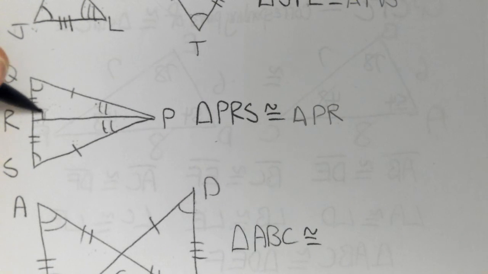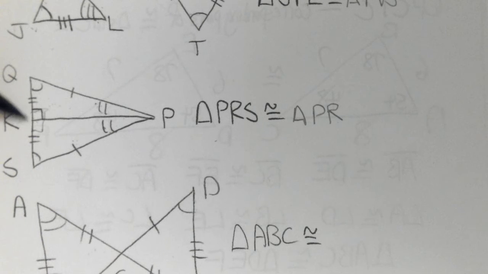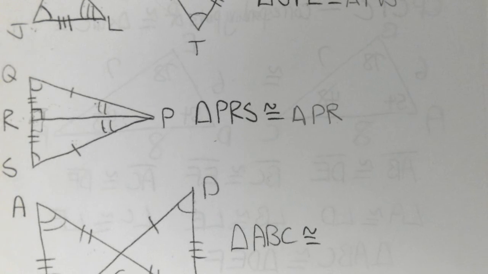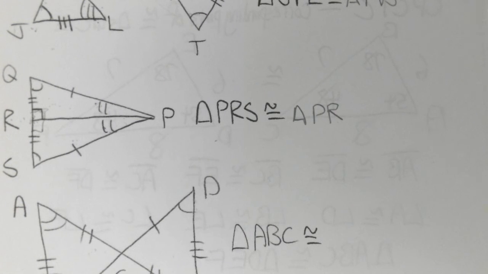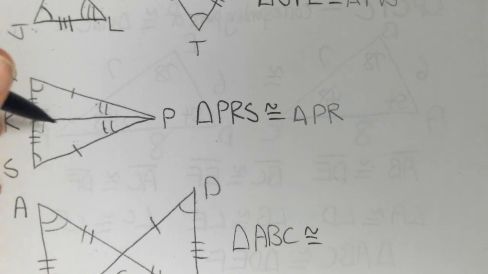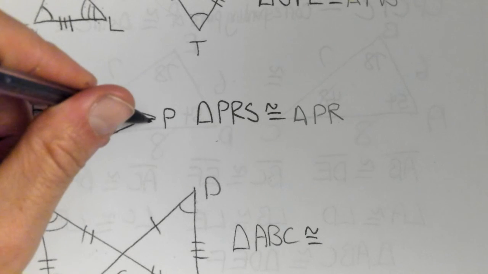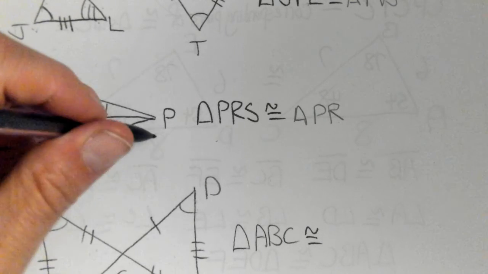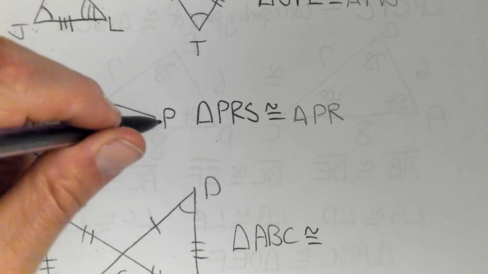Right? So if you got a 90 here, then you also have a 90 here. Okay, so keep that in mind. So when we're looking at this one, the R is a part of the top one. When we're looking here, R is also a part of the bottom one. So again, there's a shared side here, and it's called a reflexive side. It's congruent to itself.